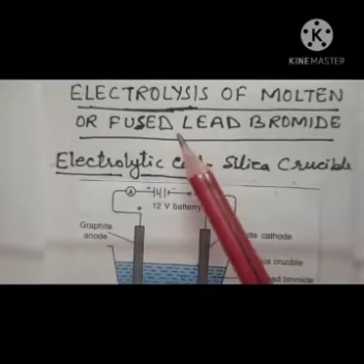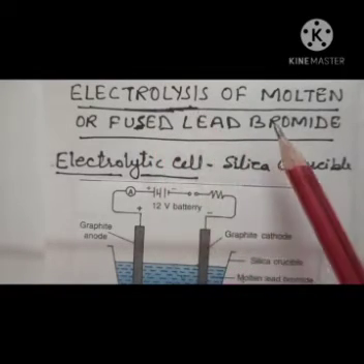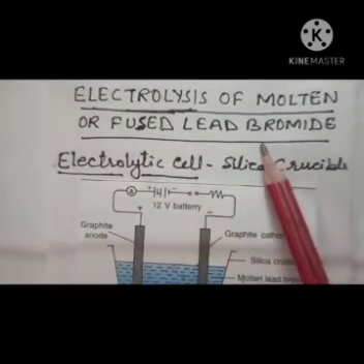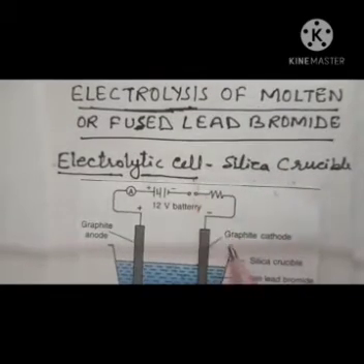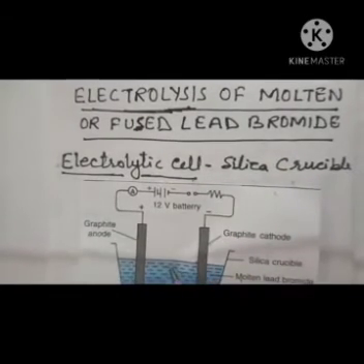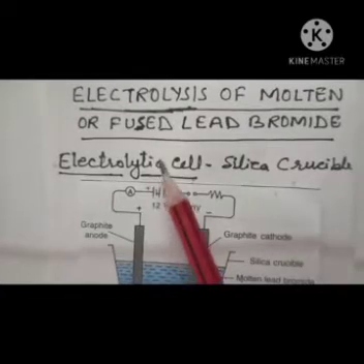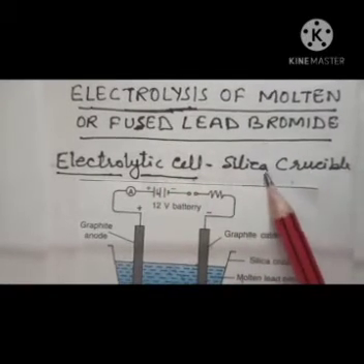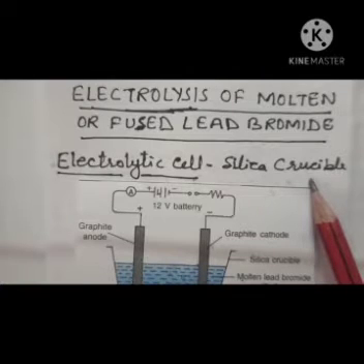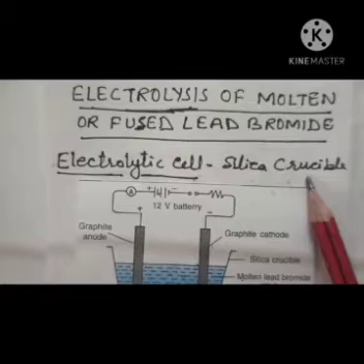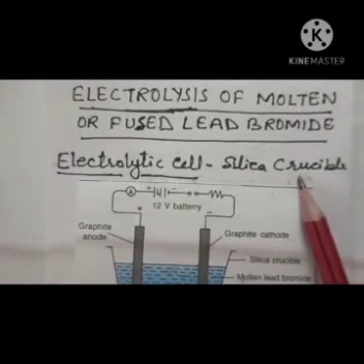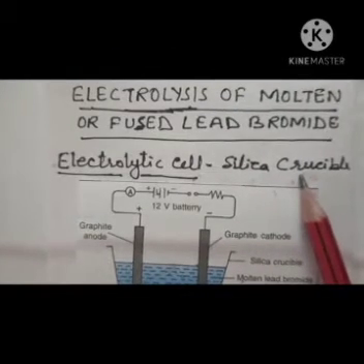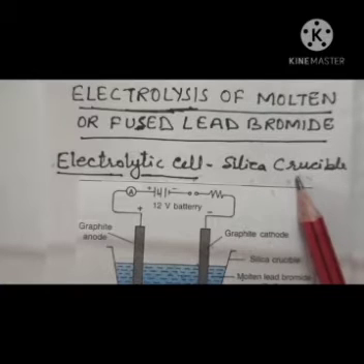Okay, during the process of electrolysis of molten or fused lead bromide, you require an electrolytic cell, electrodes, an electrolyte, and a battery. Now, the electrolytic cell you will take is made up of a silica crucible. Why will you take a silica crucible? Because it is non-reactive and almost a non-conductor of electricity, and it can withstand high temperature.